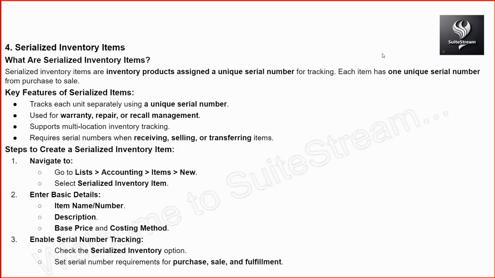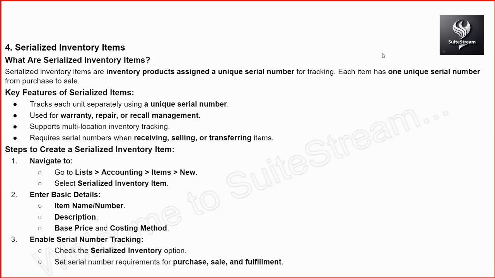So let's look at the definition. Serialized inventory items are inventory products assigned a unique serial number for tracking. So we have to provide that unique serial number.